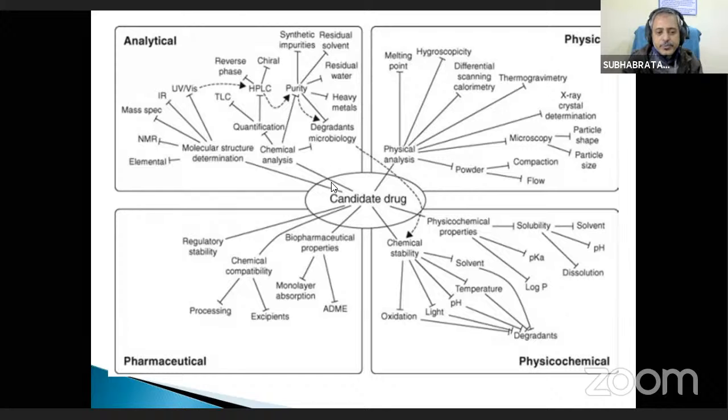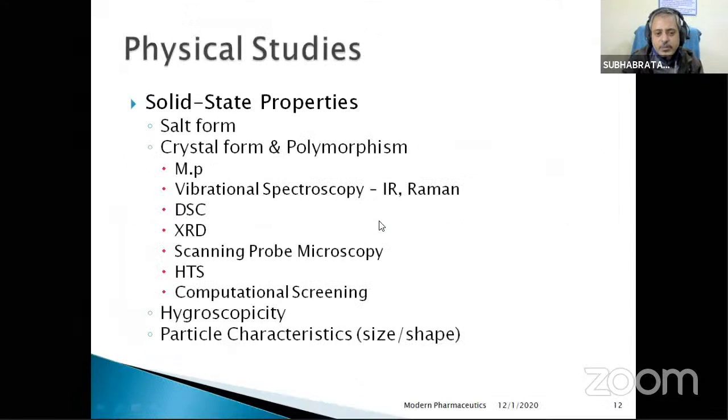Okay. The other important parameters that you should go for are the characterization of the polymorph through IR spectroscopy, Raman spectroscopy. Along with the vibrational spectroscopies, you have to go for differential scanning calorimetry and X-ray diffraction study.